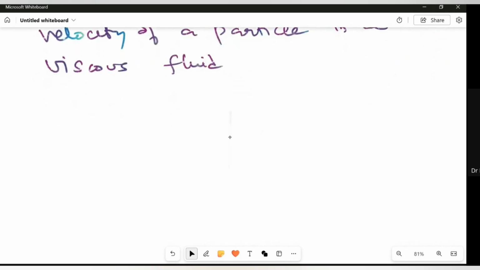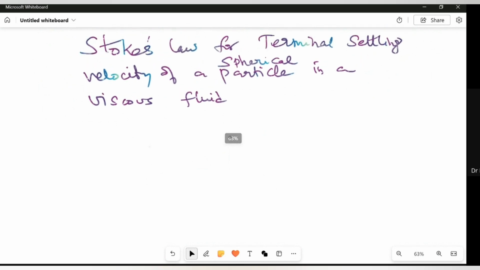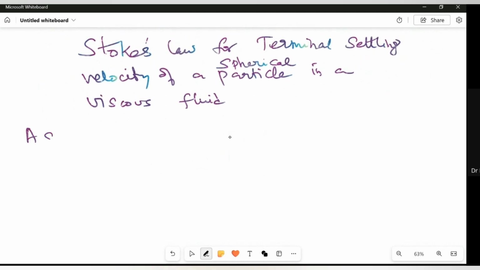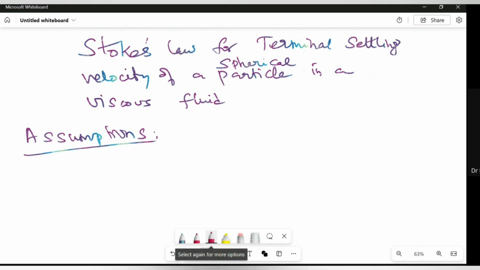So what are the assumptions? Essentially we are making some assumptions in these equations. The first assumption is that we are going to consider it as a spherical particle, because this is going to help us in making the mathematical derivation easier.